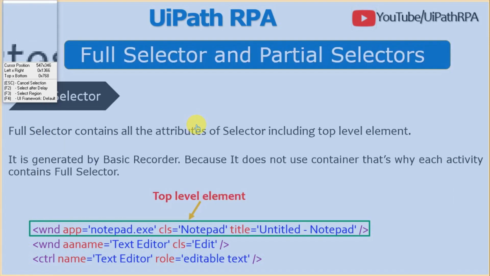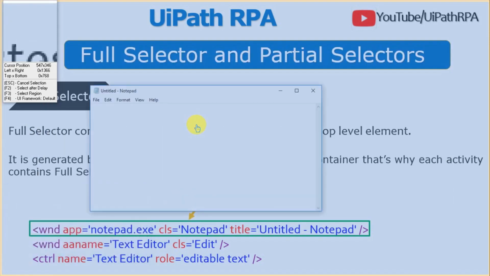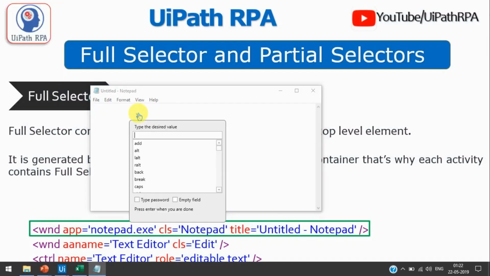Let me first open notepad here, and then we'll click on this empty area, and then we'll write here basic recording full selector, right?